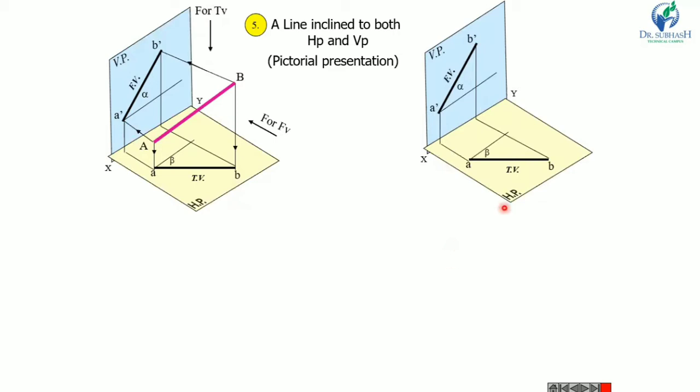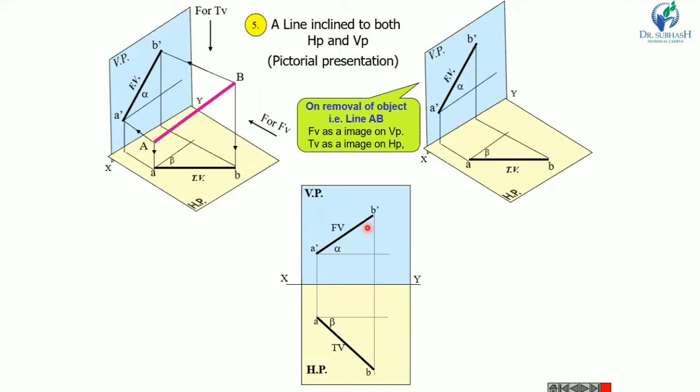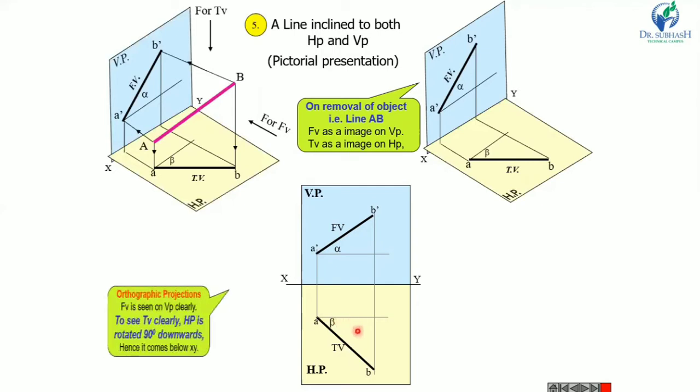Now if we remove this line, on removal of the object or the line AB, the front view and top view are seen like this. A dash B dash, its inclination with the XY line is alpha. It is known as the inclination of the front view with the XY line. And here AB is the top view and its inclination with the XY line is beta.